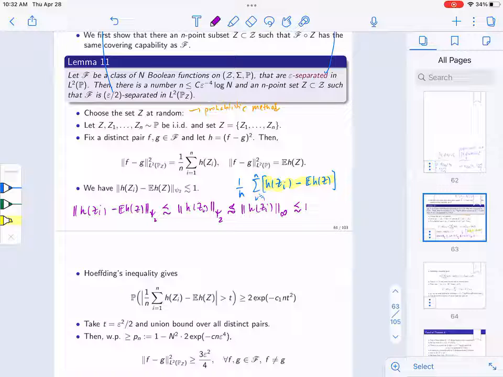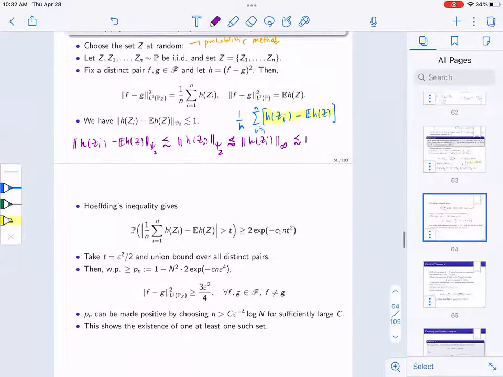So I can write the Hoeffding inequality. If I write the Hoeffding inequality for sub-Gaussian random variables whose sub-Gaussian norm is bounded by a constant, this is going to be the Hoeffding inequality. Okay, so there are n of them, and so there's an n here. If this is not clear, just argue that because f and g are Boolean, this whole thing is going to be a bounded random variable, bounded by 1 or like 2.